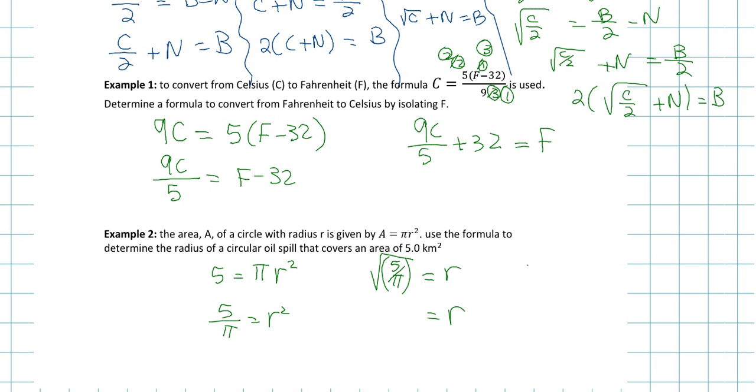It's 5 divided by pi. 1.3, yeah. And then it's going to be in kilometer, because my area is in kilometers squared. So that's going to be in kilometer. And then we're going to have to say, therefore, the radius is 1.3 kilometer.